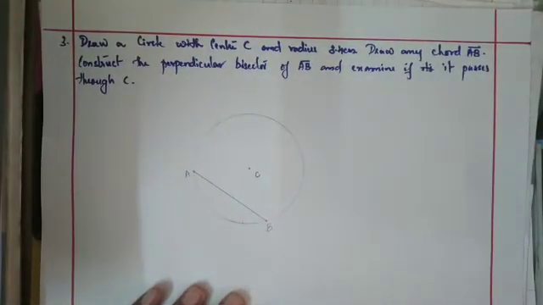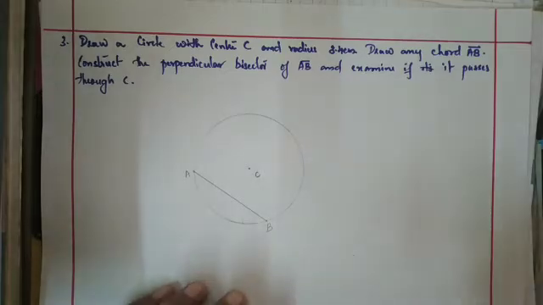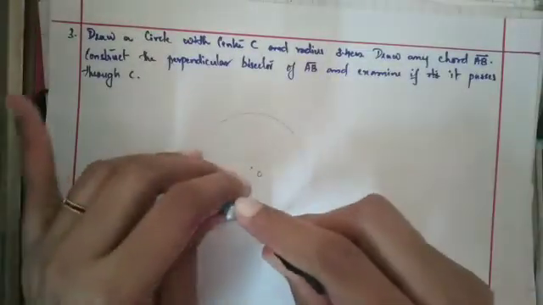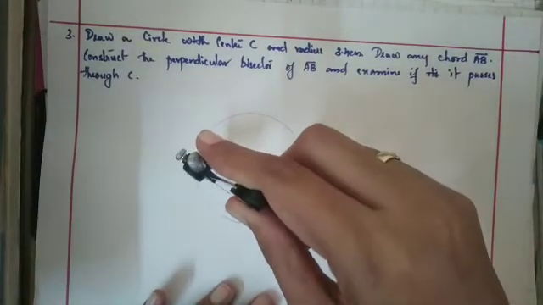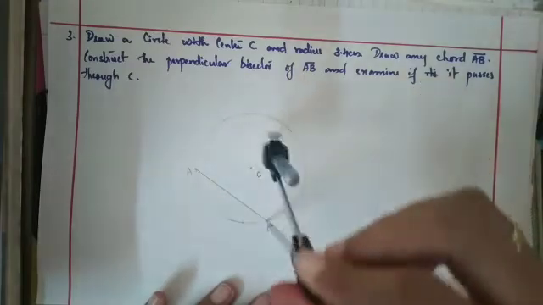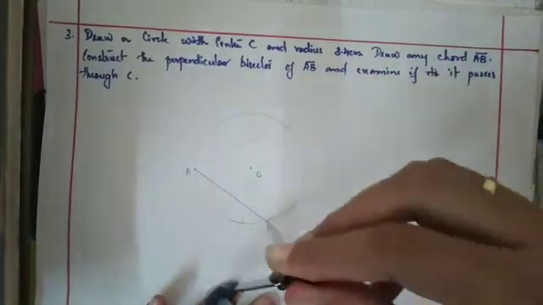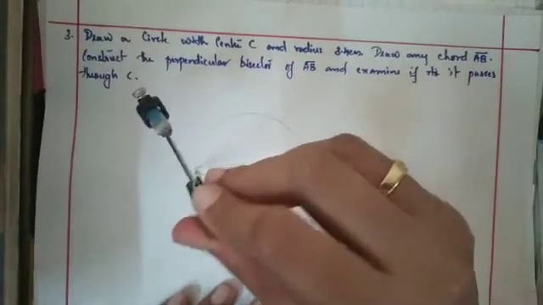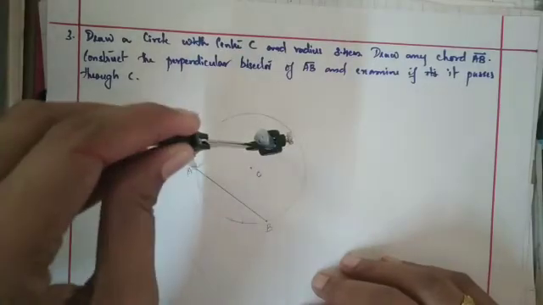Then construct a perpendicular bisector for this chord using the compass. Take more than half radius on the compass. Then draw two arcs above and below the line segment.